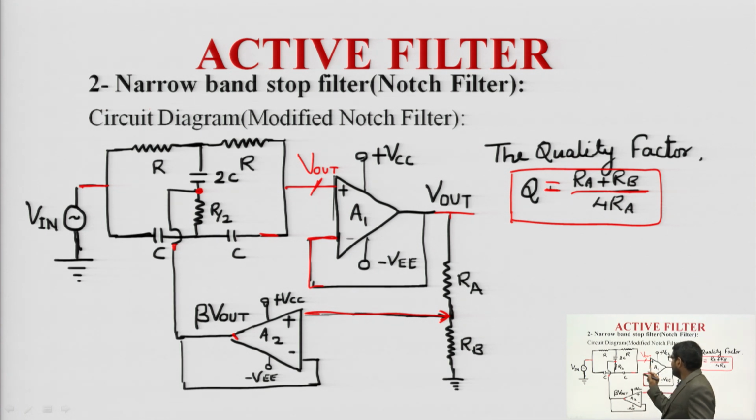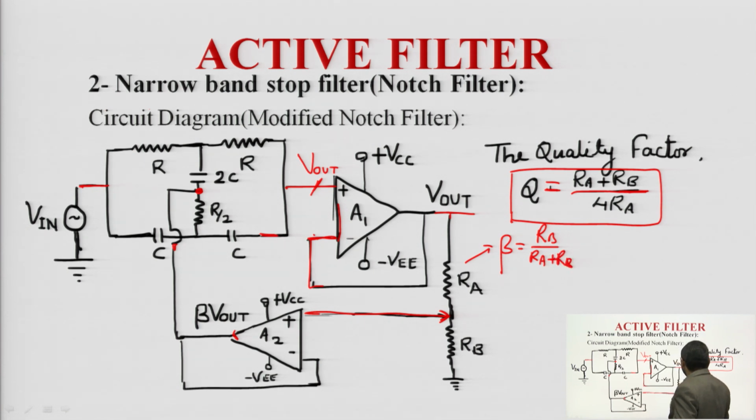So, this side is this one and this one is a virtual ground concept. We use the virtual ground concept in the op-amp. So, V out appearing at the negative terminal will appear at the positive terminal. This is the V out, okay. And this is the beta V out, where what is beta? If you consider this ratio, beta is the feedback ratio, and it comes out as R B upon R A plus R B.